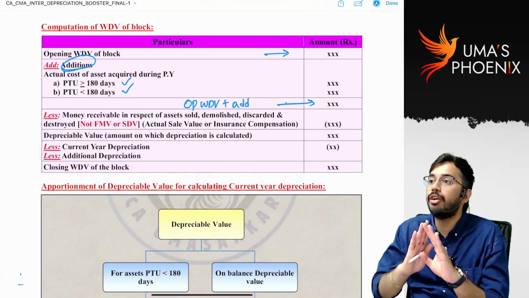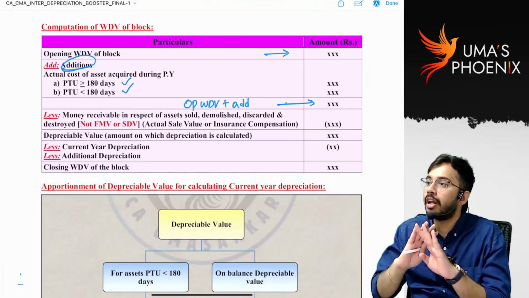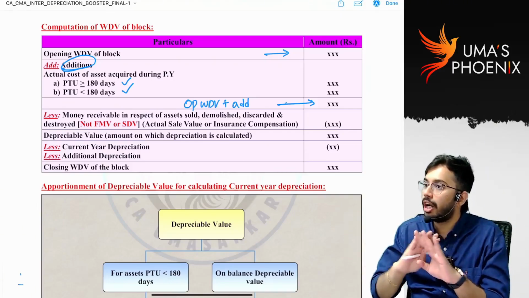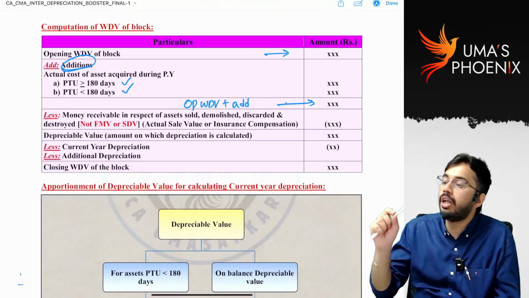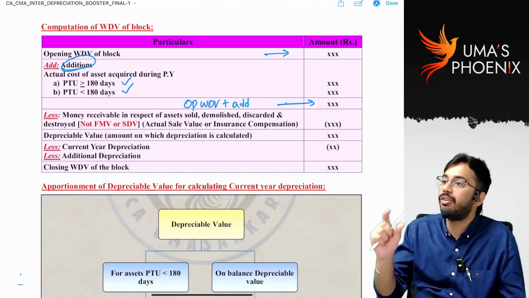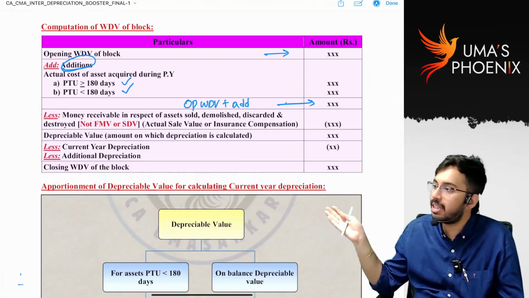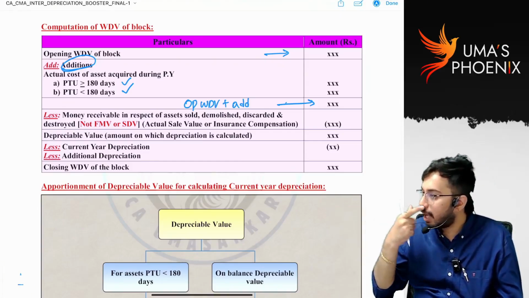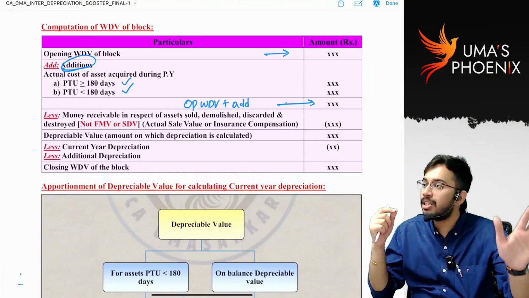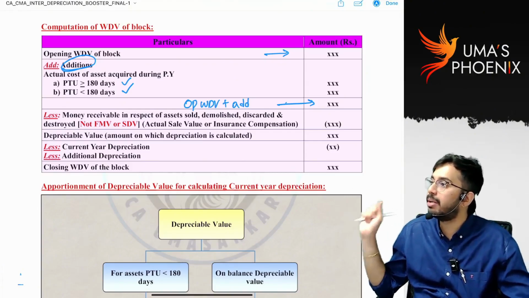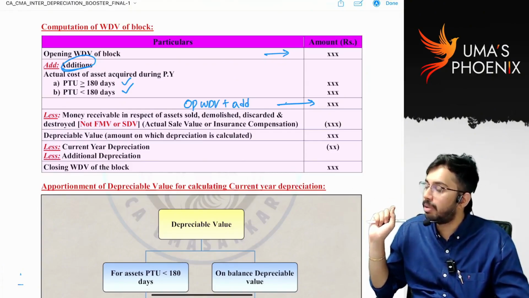You should not reduce fair market value, you should not reduce book value, you should not reduce written down value. What you need to reduce is sale value of assets sold. This is very simple. At what price asset is sold, reduce the sale value, selling price of the asset sold. Are you able to understand?